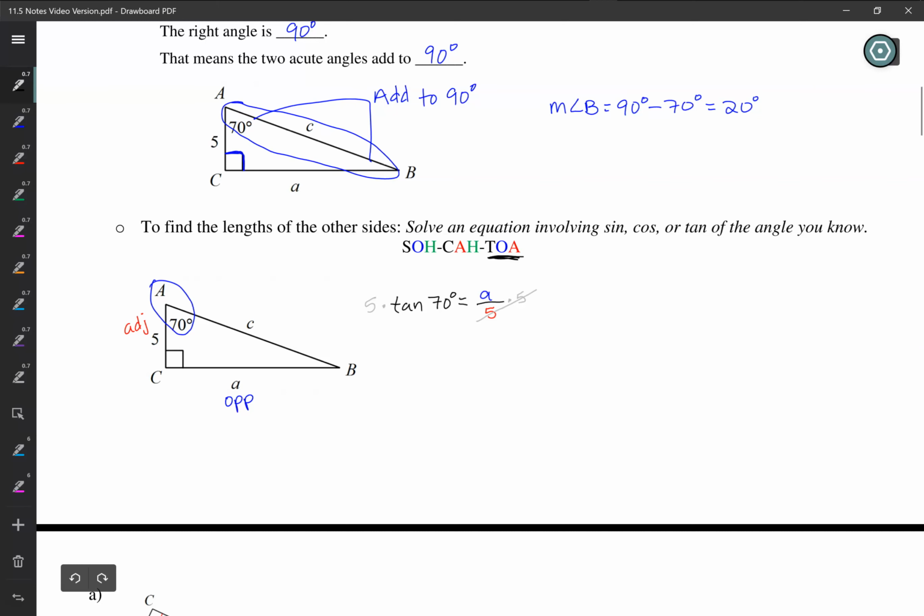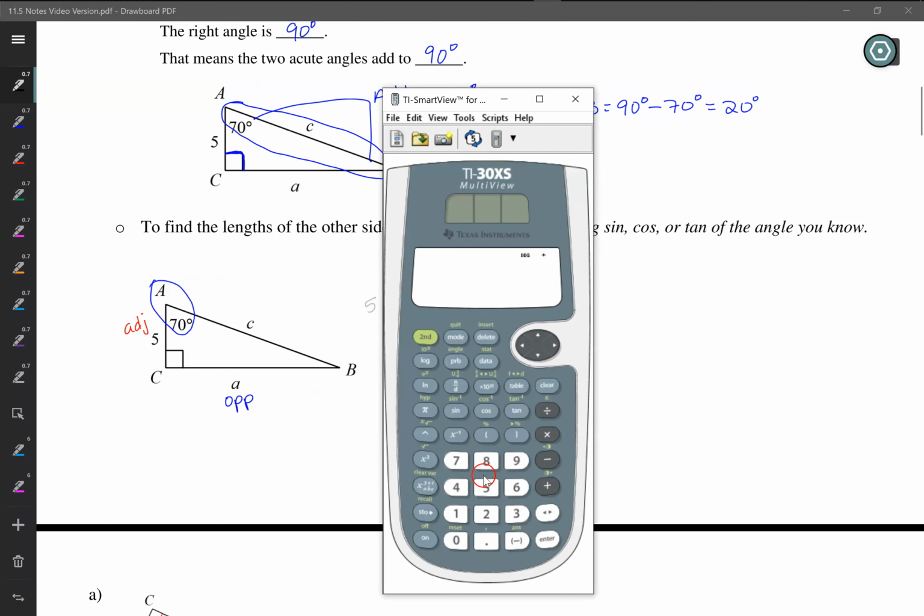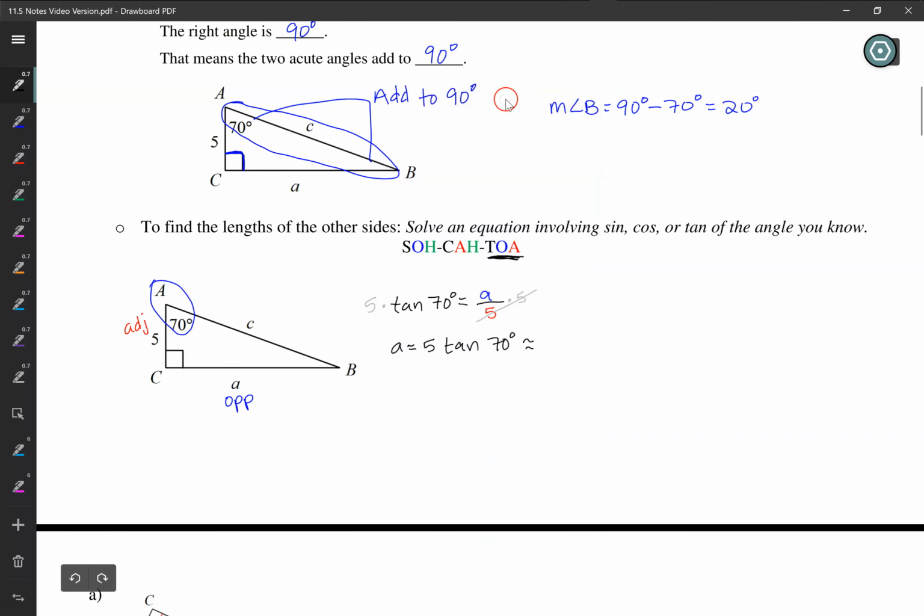So I get that A is going to be 5 times the tangent of 70 degrees, which is about 13.7. Okay, so I know A now.